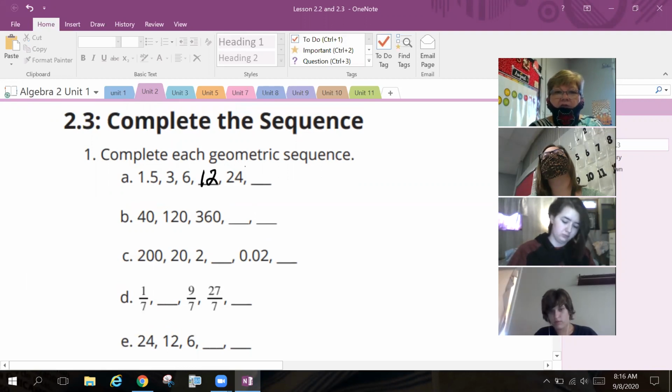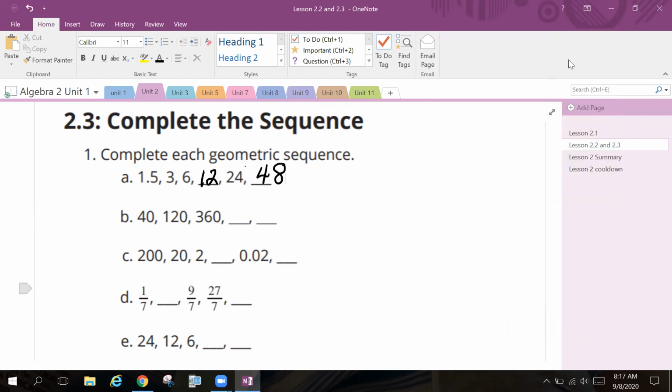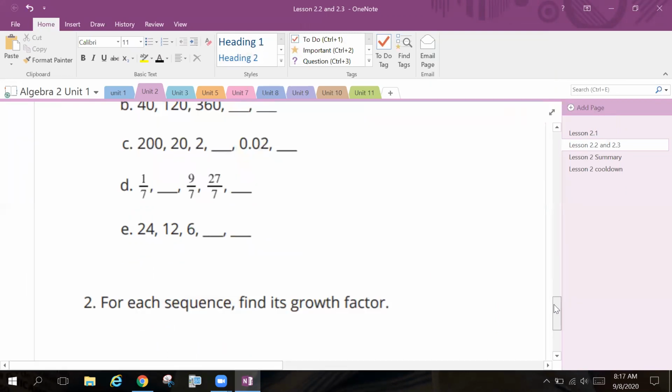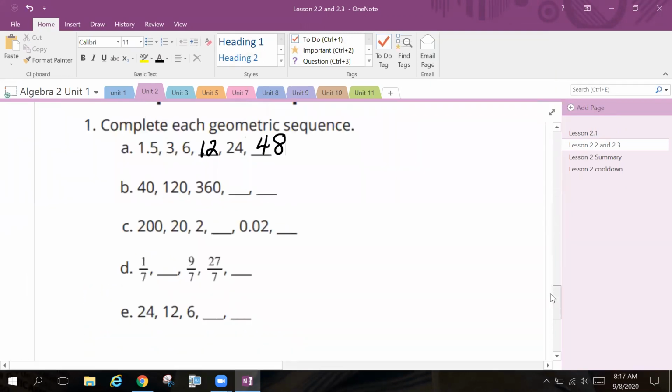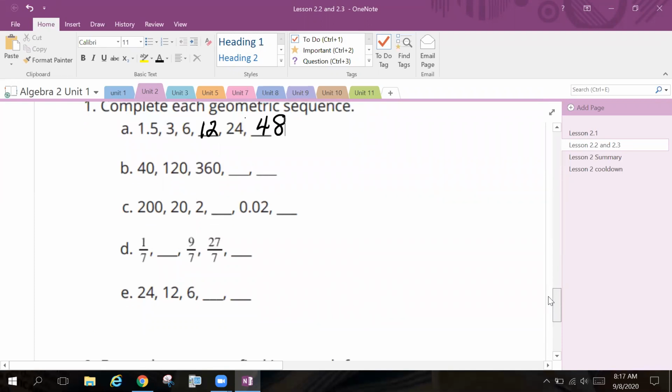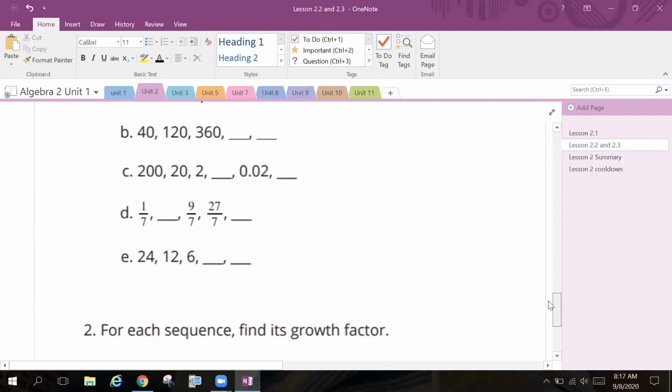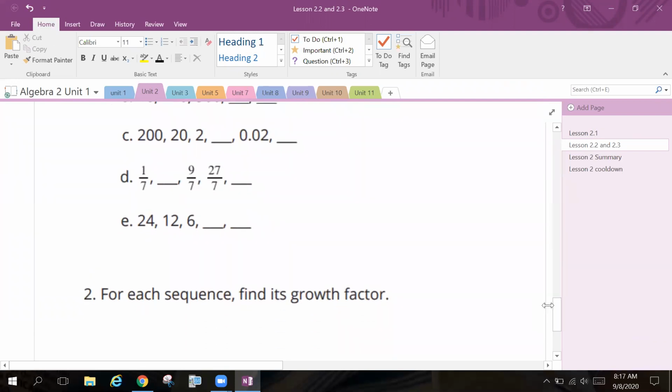Okay, and then the next part of the problem is that we'll go ahead and look at, on part B, you had to tell what the growth factor is. So what did you do each time to get the next number in the sequence, the next term?